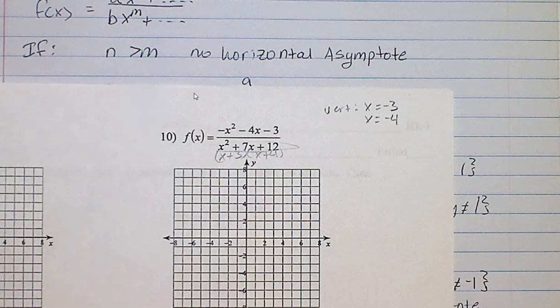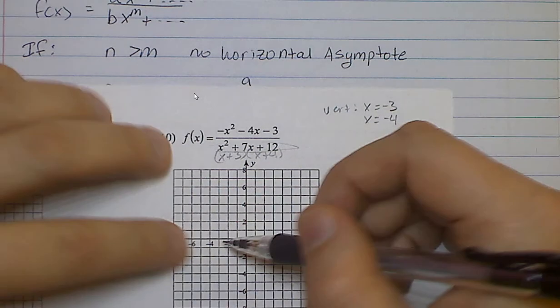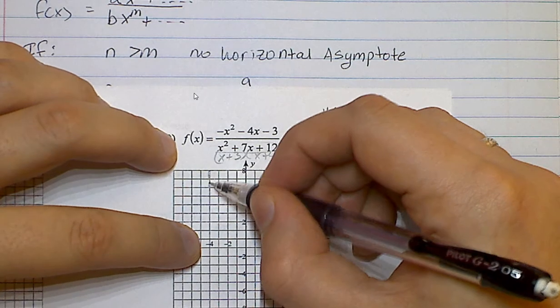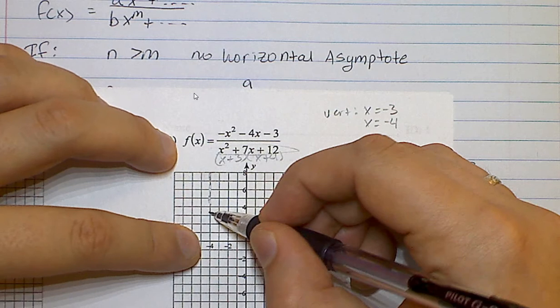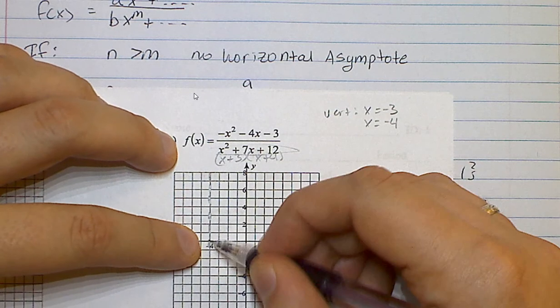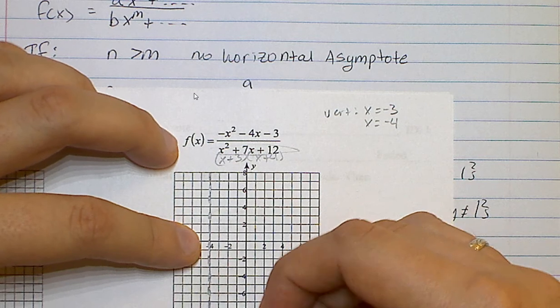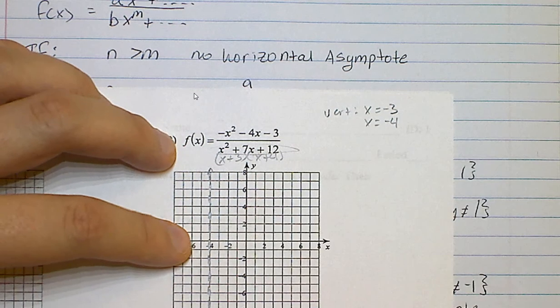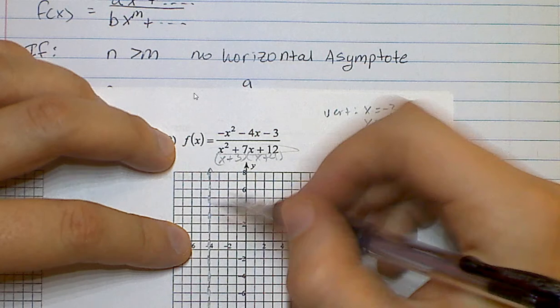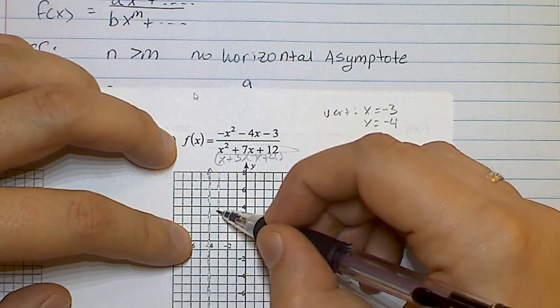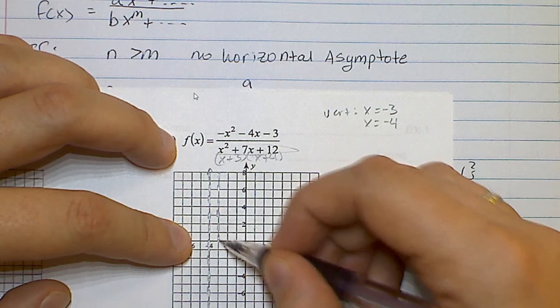When you're going down here, you draw a vertical line, and I'm going to draw mine in with dashes just to show where the asymptote is. Bear with me. This is gonna be way easier than you think. So I'm drawing my vertical line at x equal to -4, and another vertical line at x equal to -3. Those are my two vertical asymptotes.